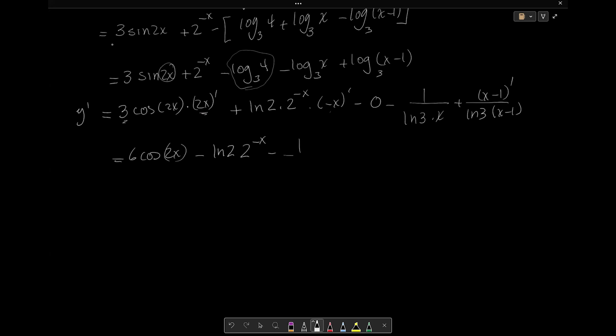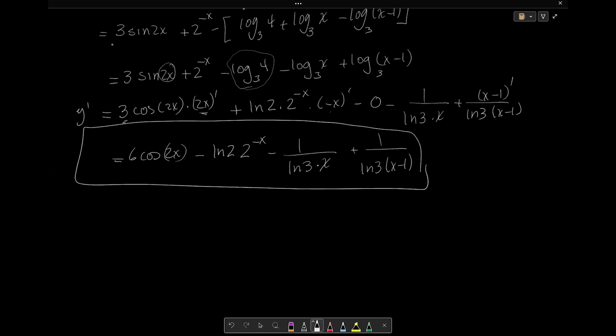This one stays the same. And right here, what's the derivative of x minus 1? It's just 1. So it'll be plus 1 over ln of 3 times x minus 1. There is the answer.